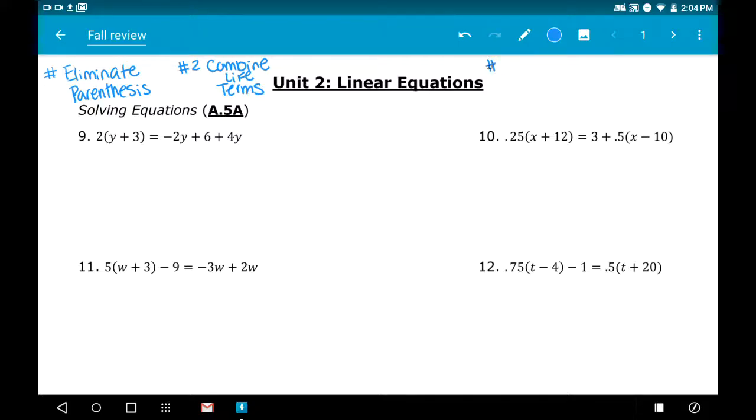Three, move variables to one side. 4, add and subtract. 5, multiply, divide.